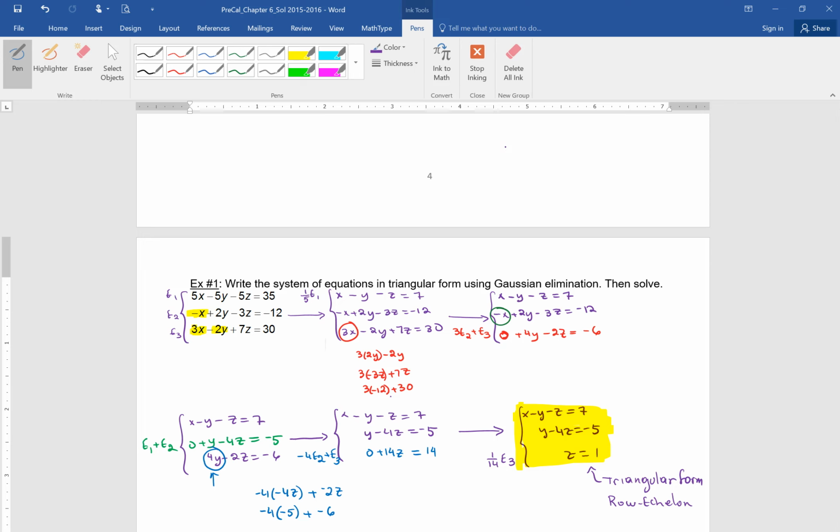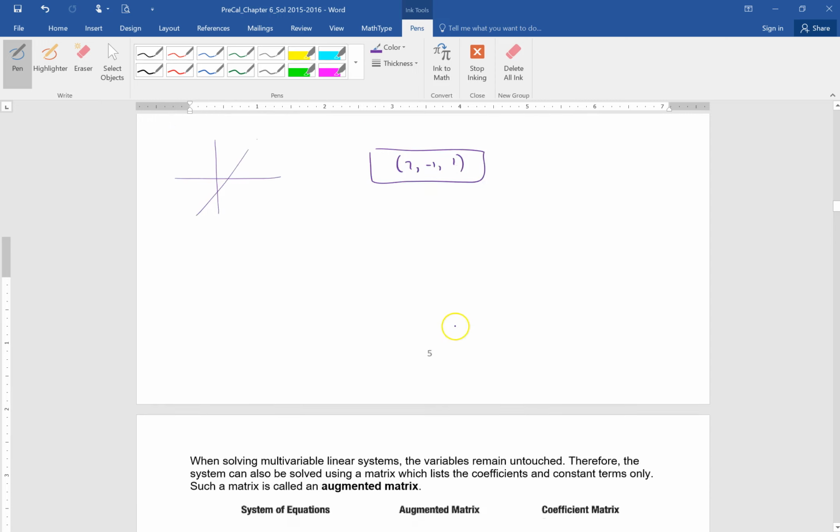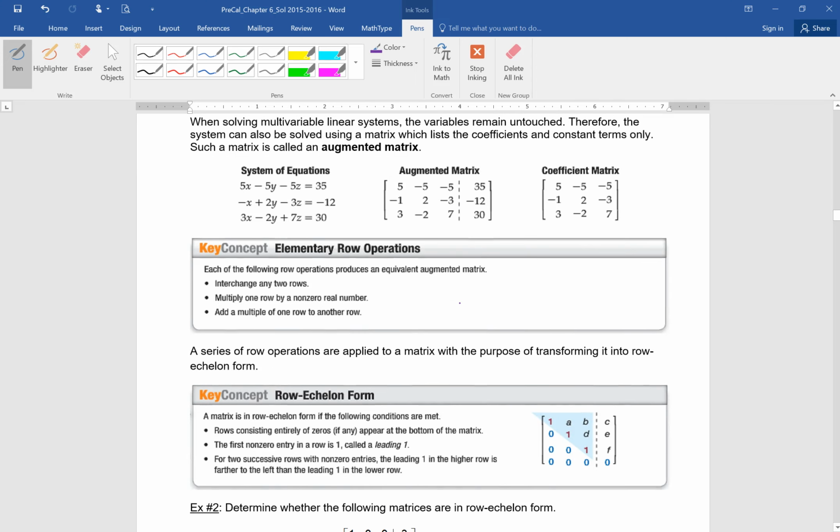You're just copying the x, y, z over and over again. What if they weren't there? Because really all you're doing is manipulating and changing coefficients. So what if you took the variables out of the equations entirely? Well, we can do that, and it actually makes solving this problem a lot easier, more efficient, I should say.